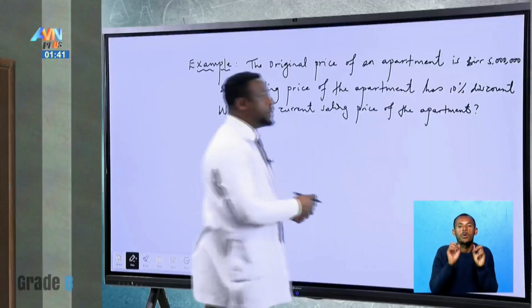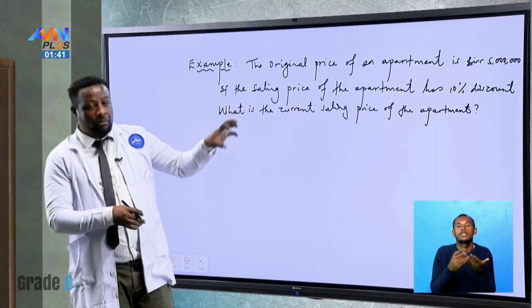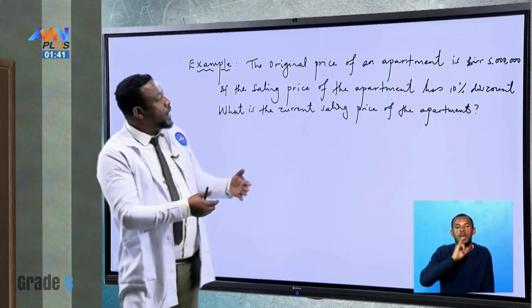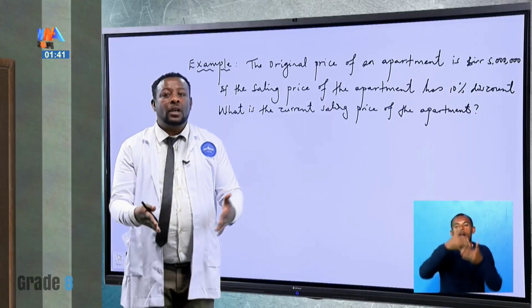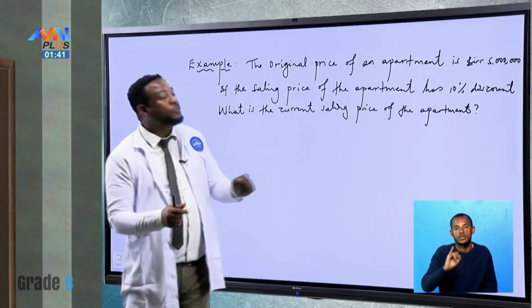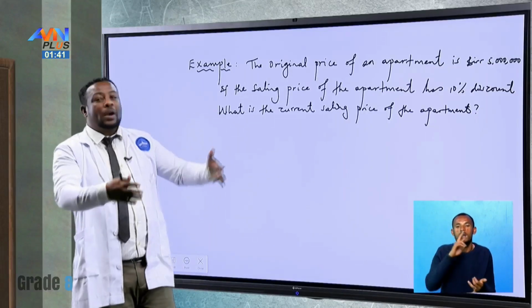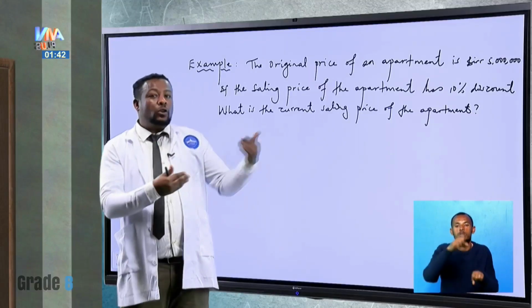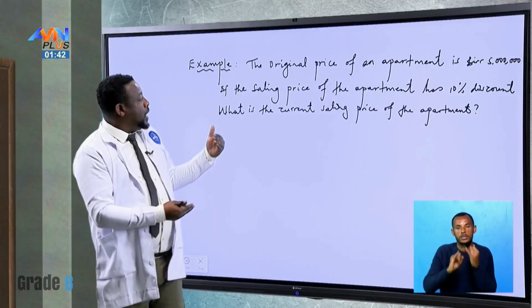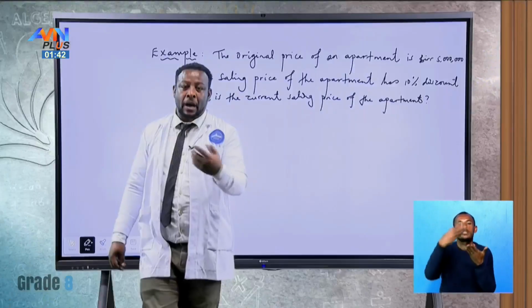Okay, here in this specific problem, there is the original selling price of an apartment, which was 5 million. Now they are selling the apartment with 10% discount. Based on this information, you are asked to determine the current selling price of the apartment.